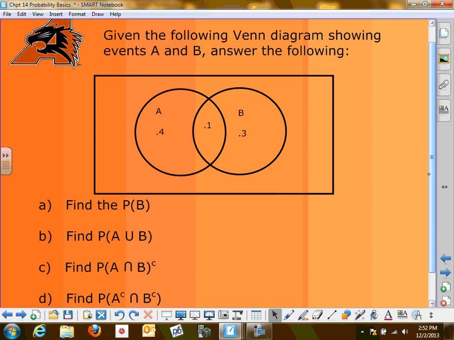First question, find the probability of B. What's the probability of B? 0.4. What's the probability of A union B? That's all together. A union B. 0.8. Okay. Is that class? Okay. We'll go over those last 2 tomorrow.